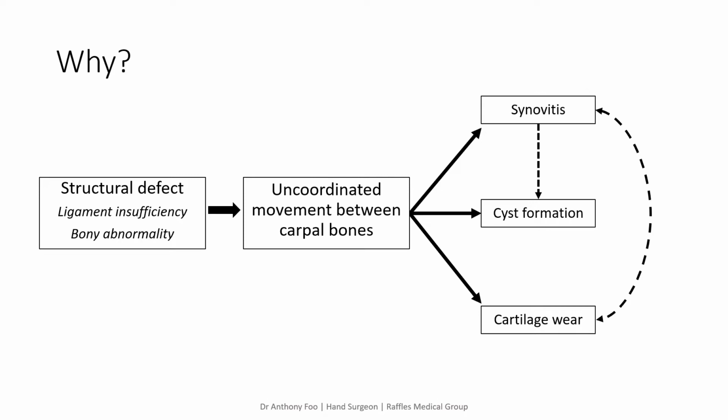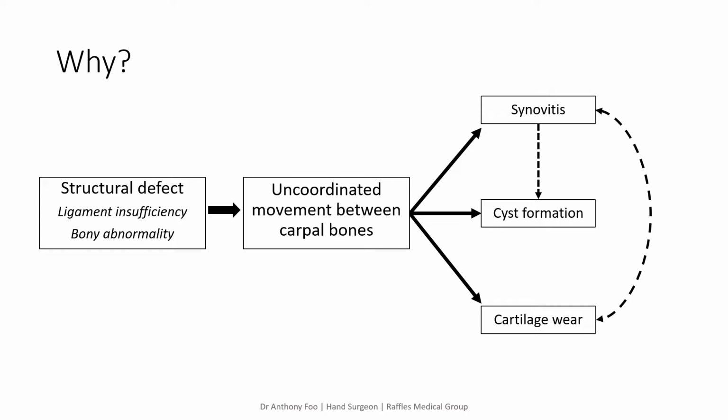So when the ligament and bony anatomies of the wrist are affected, the usually coordinated movements between the bones, especially at the scaphoid and lunate, become uncoordinated. This would initially lead to synovitis or inflammation of the wrist joint.